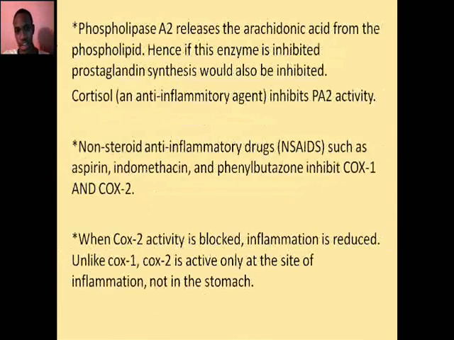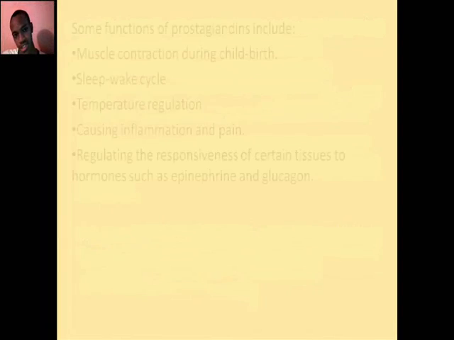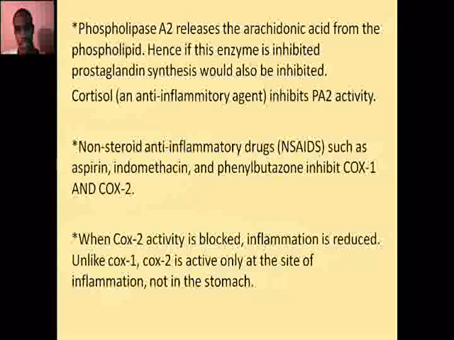Okay, now we mentioned that arachidonic acid was a precursor to prostaglandin. So here we see that phospholipase A2 releases the arachidonic acid from phospholipid. Now, phospholipases are molecules which would cleave fatty acids or sometimes phosphate groups off of molecules.